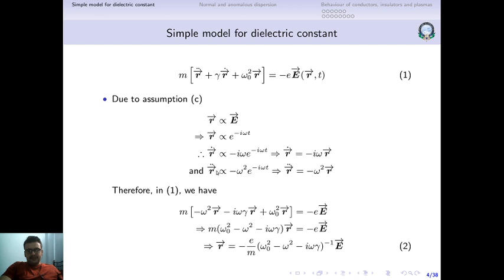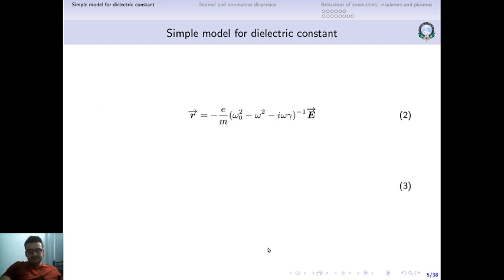So if we have an electromagnetic wave which is traveling in the medium, that electromagnetic wave will have a frequency omega, and the frequency with which that particular electron is going to oscillate, that characteristic frequency, will be omega naught. So that's the difference. This is the frequency of the electromagnetic wave, and this is the resonant frequency or the characteristic frequency of that electron. So this is our equation number 2.